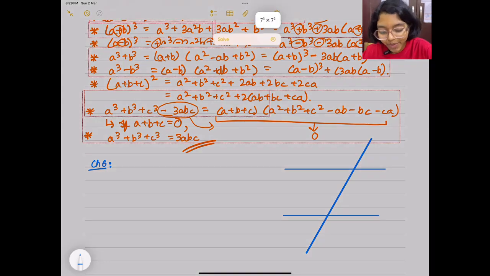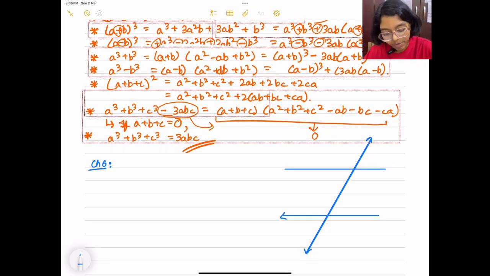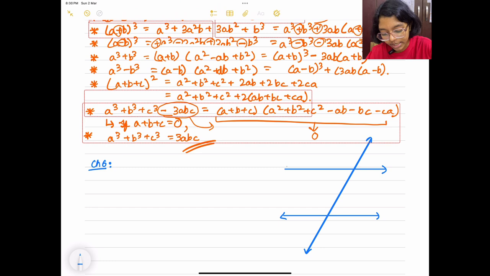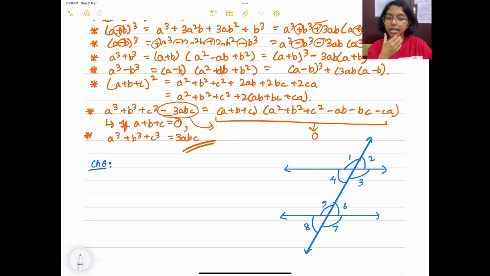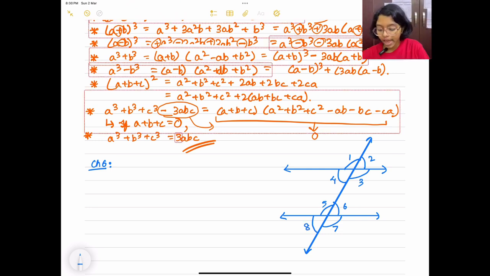I'm just refreshing your memory because this is also important in 9th grade. Whatever you study in younger classes is important. This is angle 1, 2, 3, 4, and this is angle 5, 6, 7, and 8. Now angle 1 should be equal to angle 5.